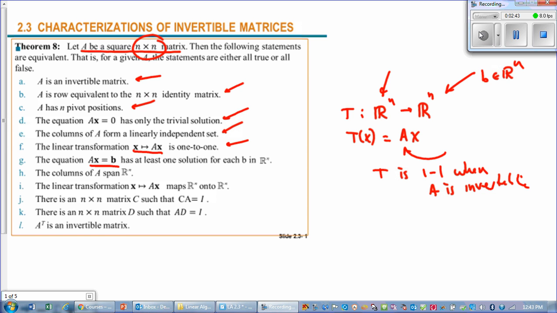The columns of A spanning Rn, that's telling us that for every vector over in Rn in that codomain, the columns span it. Remember that Ax was where we took linear combinations of columns. We took the columns of A, which were A1, A2 to An, and then times some x vector.